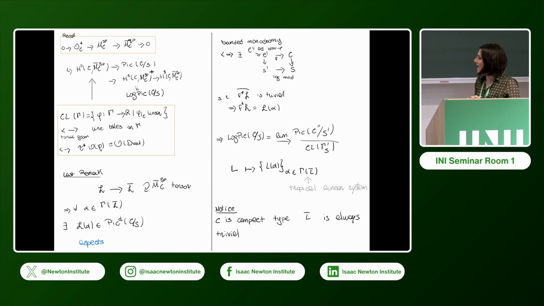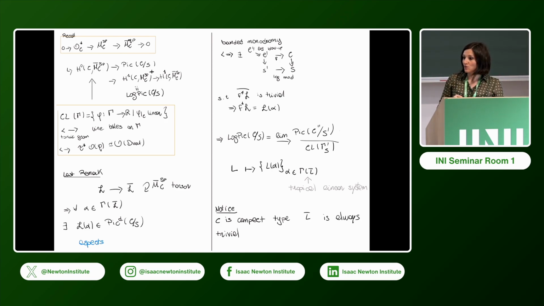So maybe a more extrinsic way to think about log Picard is as the limit over all possible models of my curve of the Picard group modulo the action of the conewise linear functions, which identify line bundles that differ by vertical twist.